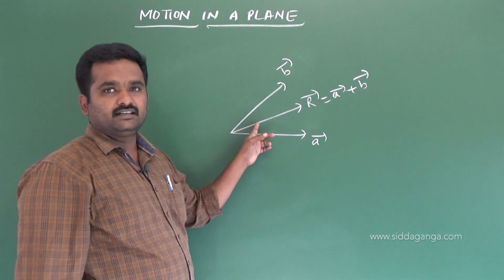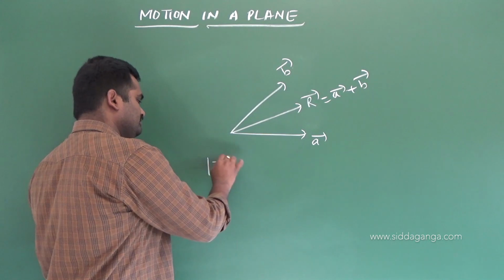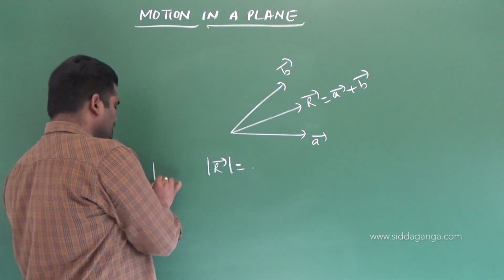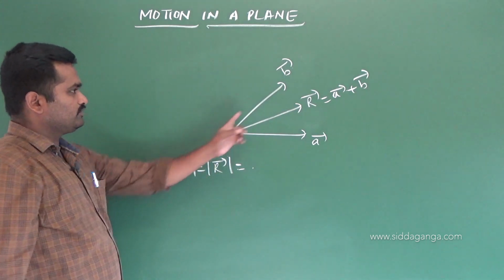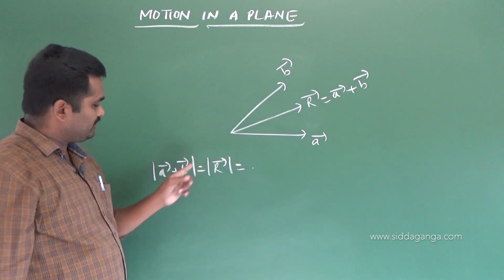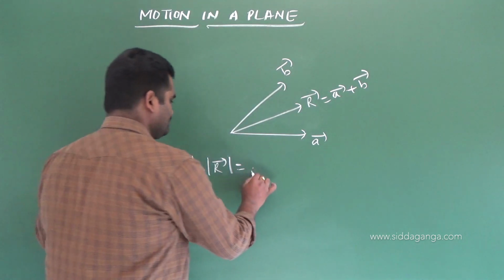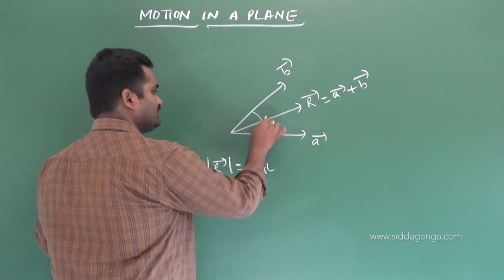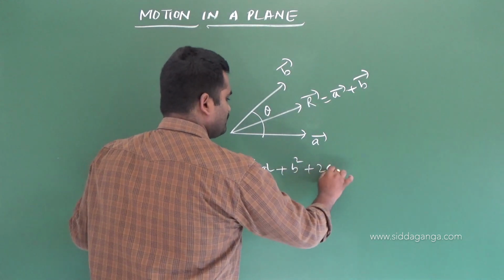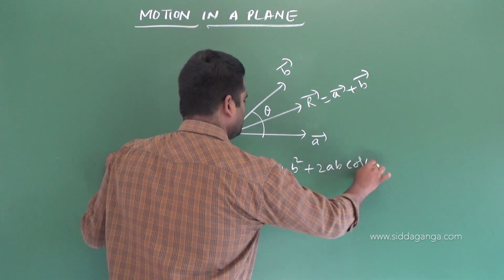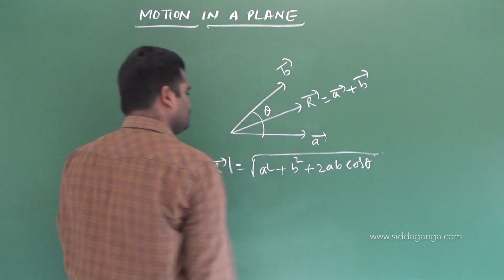And how to find the magnitude of the resultant of the two vectors, mod of a bar plus b bar? If theta is the angle between a bar and b bar, then it is root of a square plus b square plus 2ab cos theta. This is what you have already learned.